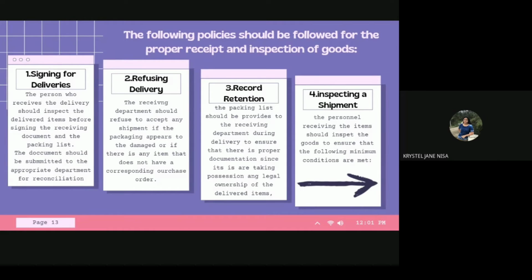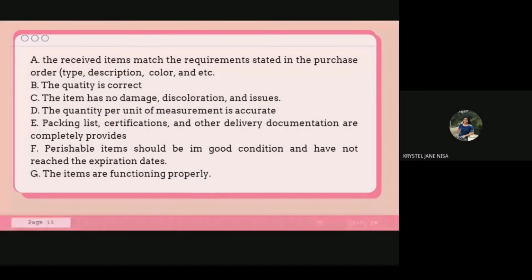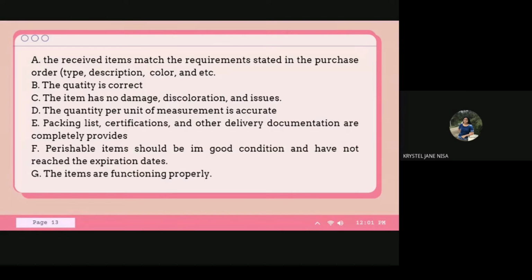Number four, inspecting a shipment. The personnel receiving the items should inspect the goods to ensure that the following minimum conditions are met. Letter A. The received items match the requirements stated in the purchase order. Letter B. The quantity is correct.